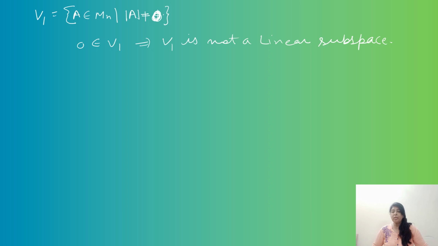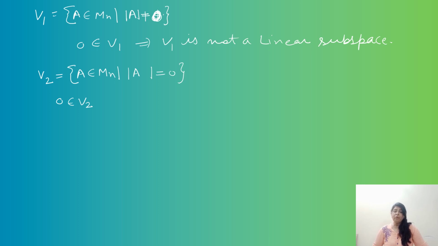Right. Now let us take V2. V2 is given as A belongs to Mn, where A is a matrix of order n, such that determinant of A is equal to 0. Now you can see that 0 belongs to V2. Clear? Now we have to check the property also.